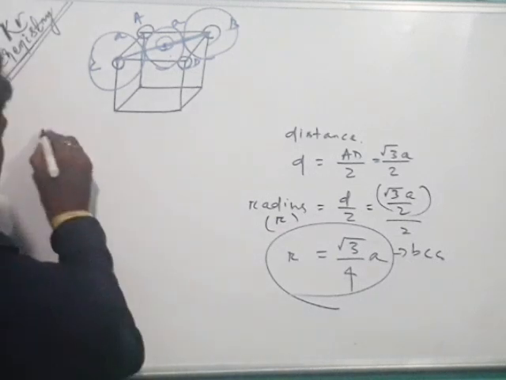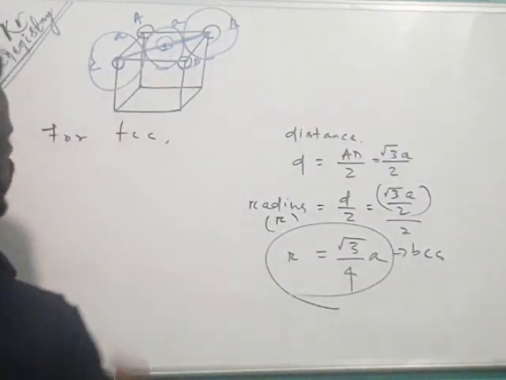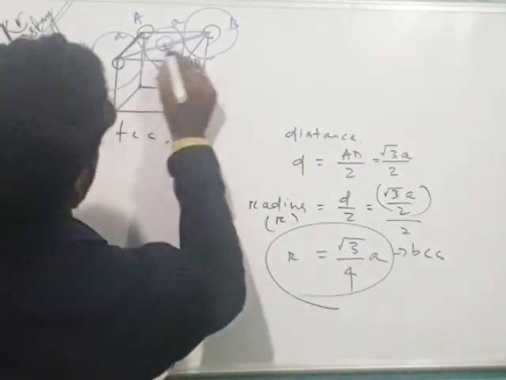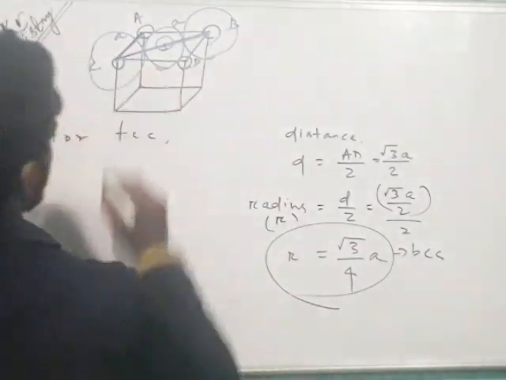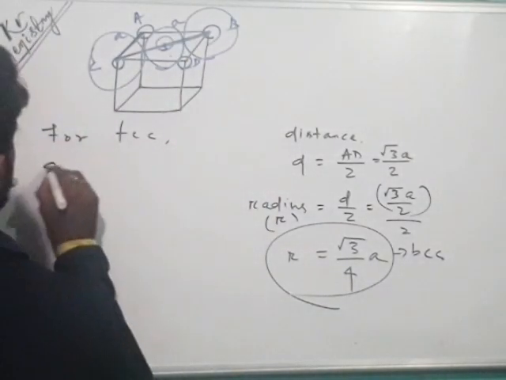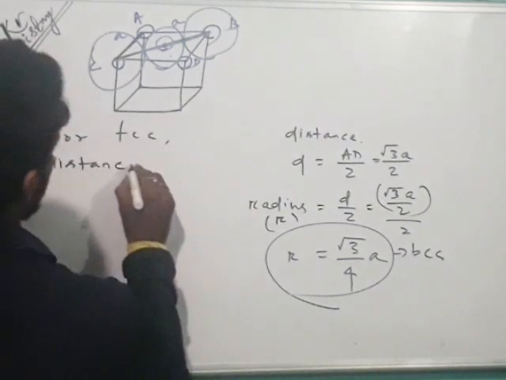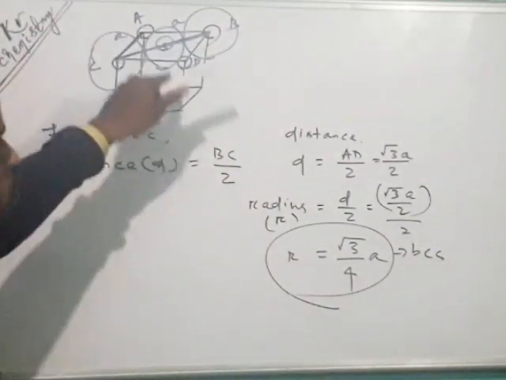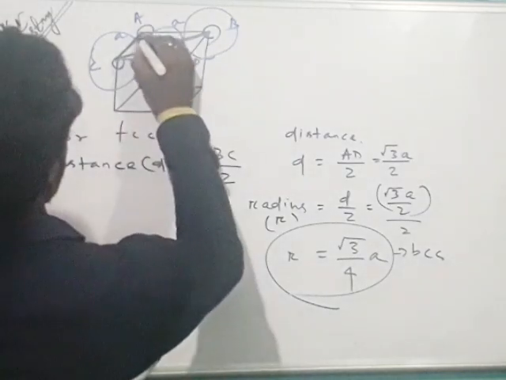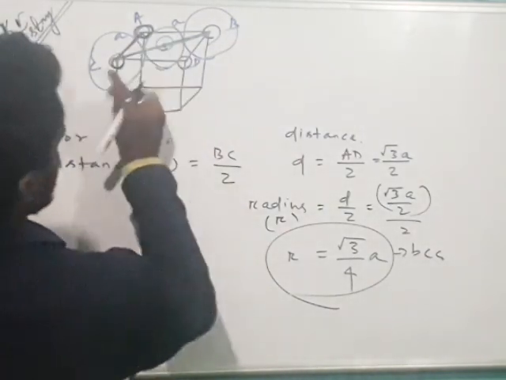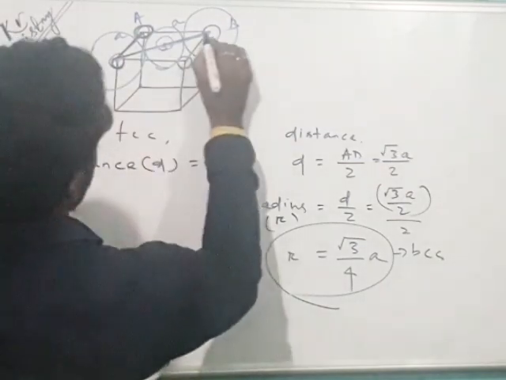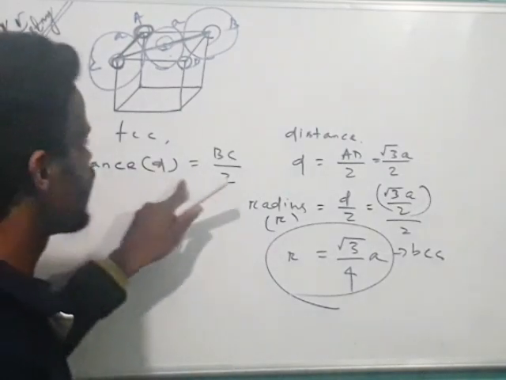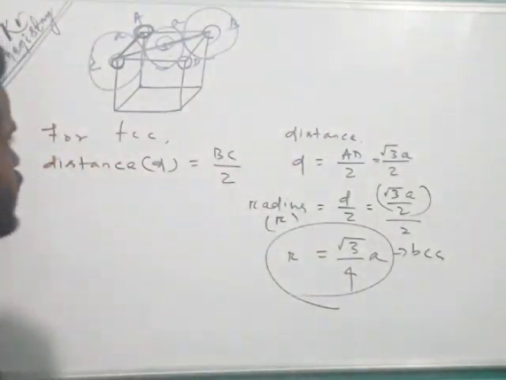For face centered cubic crystal, the nearest neighboring atom distance D is equal to BC by 2, as shown in the diagram. This atom and this atom are nearest neighbors.